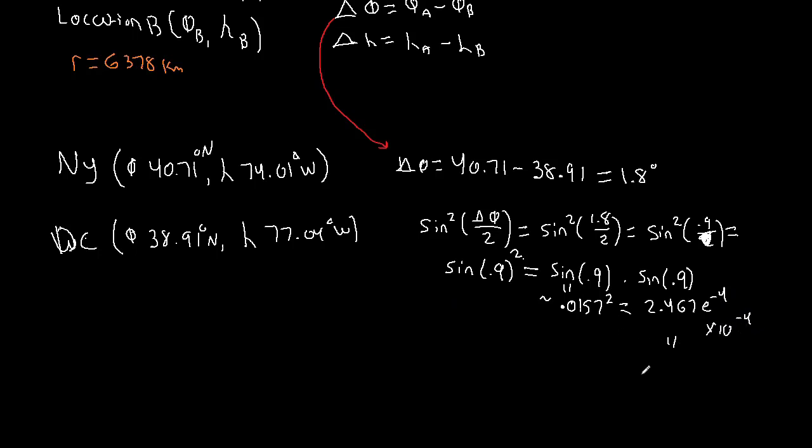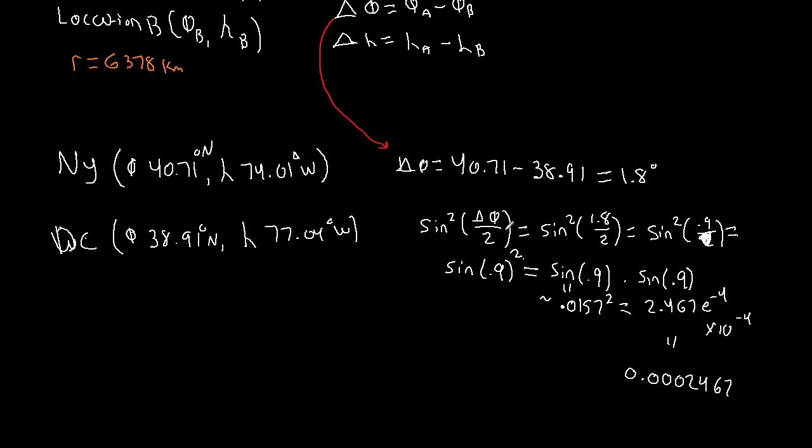So this is 0.0002467, and these two things are equivalent. So that's the sine squared delta phi over 2.